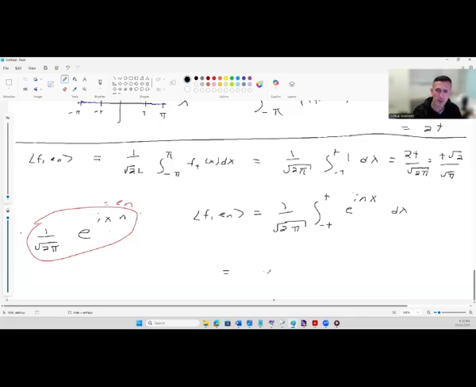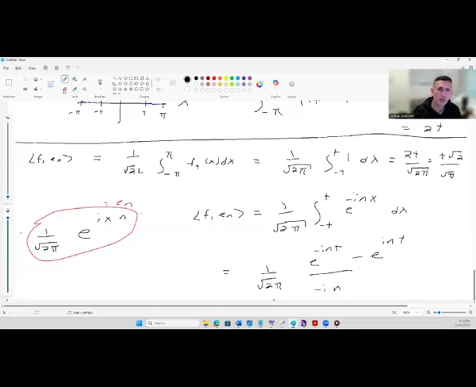All right, so this is going to be 1 over square root of 2 pi, over, sorry, so minus, because the inner product makes this a complex conjugate, which is minus. So this is going to be minus i n, e to the minus i n t minus e to the i n t.